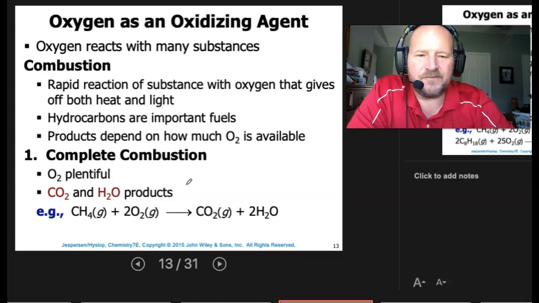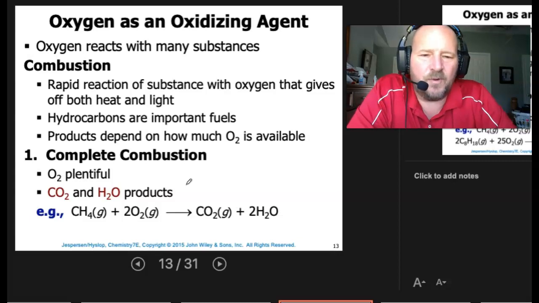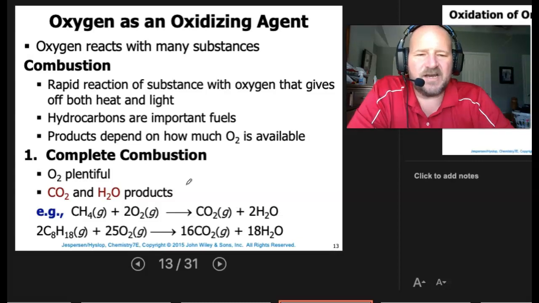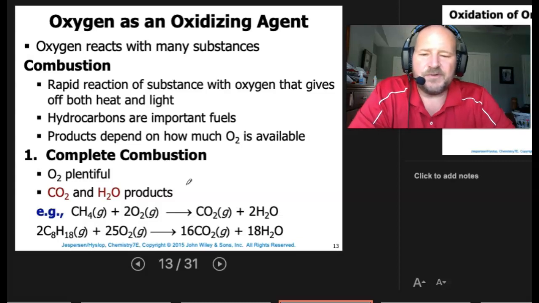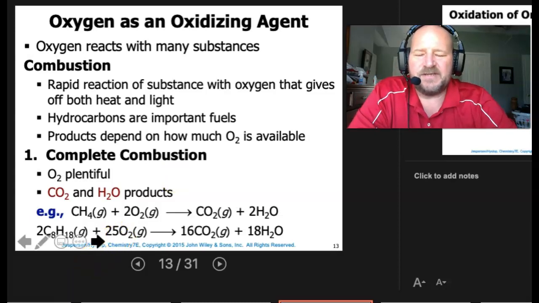So for instance, if you burn natural gas to heat your home, you take methane plus 2 O2s will give you CO2 and a couple of waters. Right? Or as I mentioned, your car, if you burn octane, you'll get 25 oxygens being used, and again, you'll still produce CO2 and water. So whenever we have complete combustion, our products are always going to be CO2 and water.